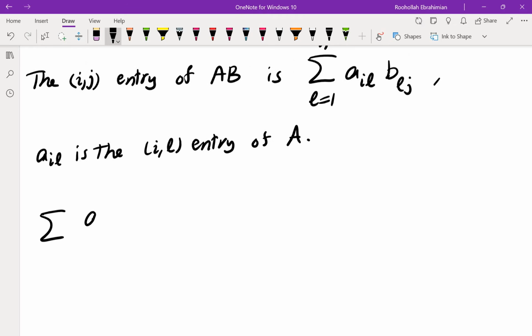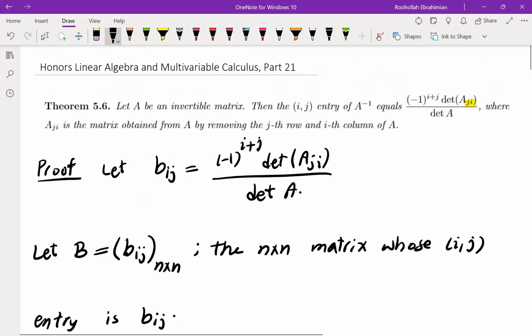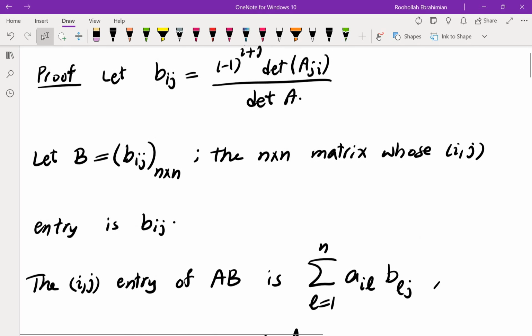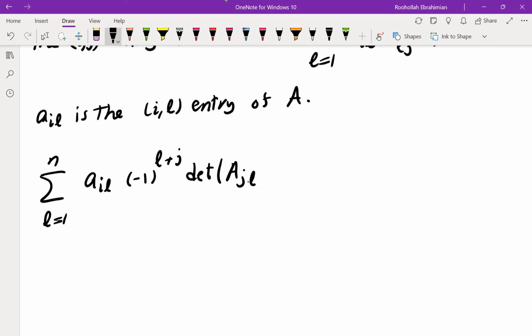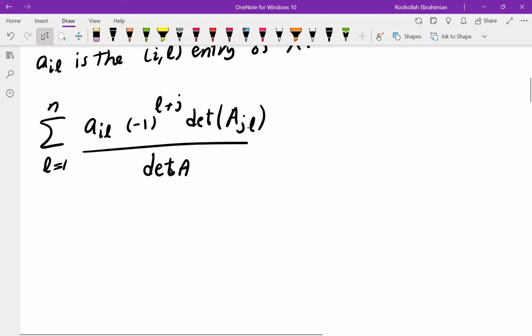The sum over l from 1 to n of A_il B_lj. B_lj, we replace i by l, so we get -1 to the power of l plus j, determinant of A_jl, divided by determinant of A. We will have to show this is in fact 1 when i and j are the same, and 0 when i and j are not the same.